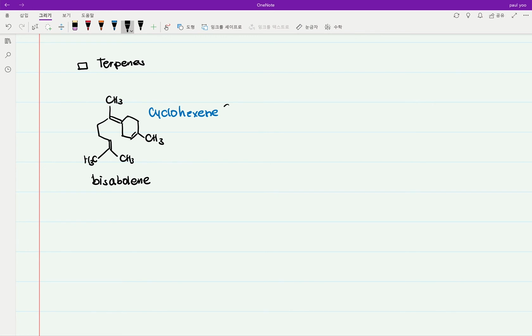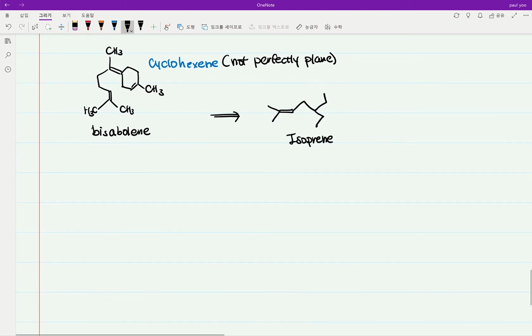So basically it's not perfectly planar, and it is a derivative of isoprene, or pyrophosphate.